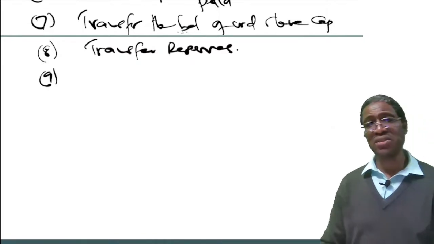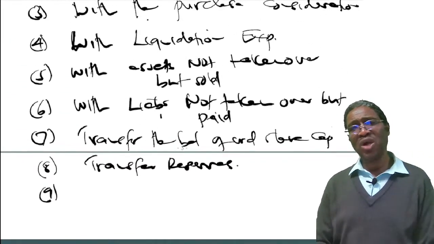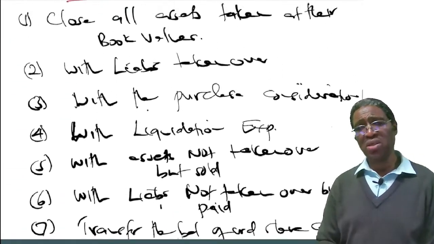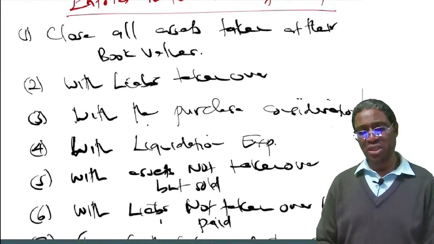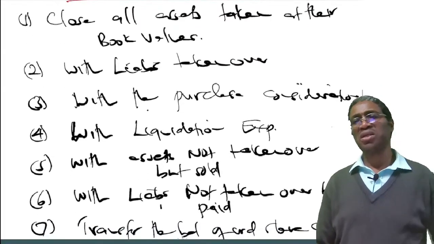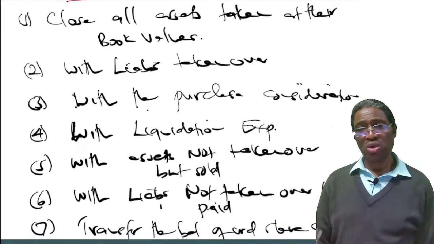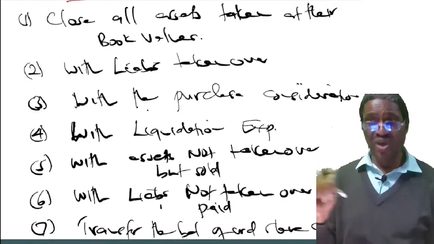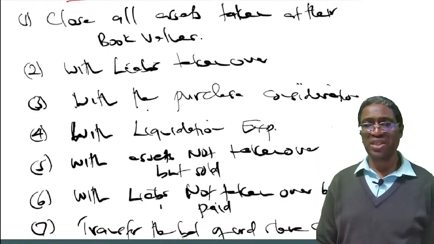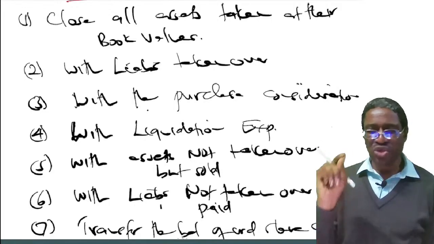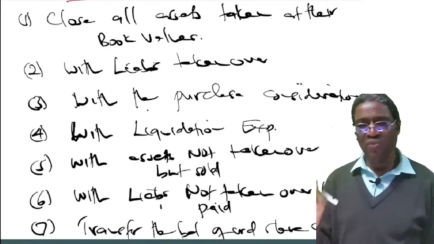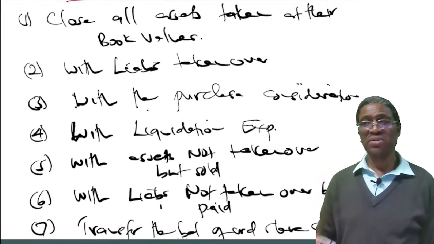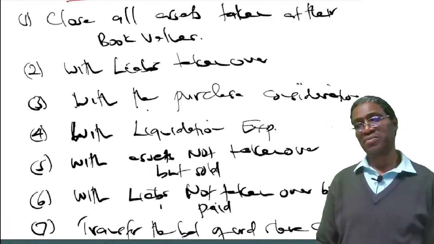Now, listen. For number 9, I want to take you back to number 1 and number 5. Number 1, I told you, close all assets taken over. Number 5, I said, with assets not taken over but sold by you, A Limited.